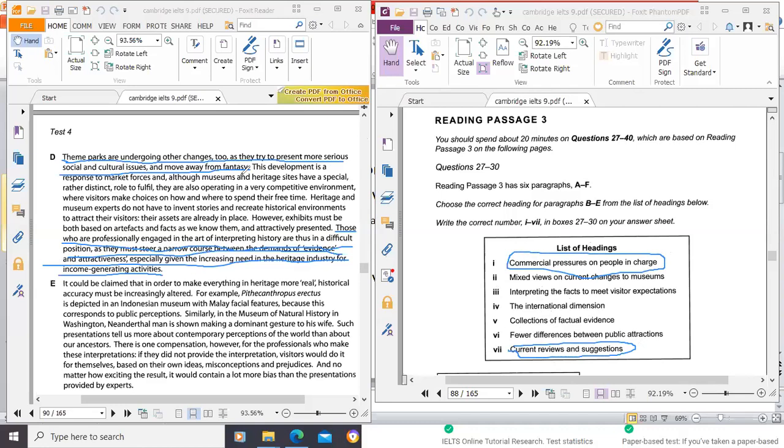So now, the development in the changes that they are going to make, making more serious social and cultural issues, is a response to the market. This is a pointer. This development, all this seriousness they are now looking into and moving away from fantasy, is a response to market forces.